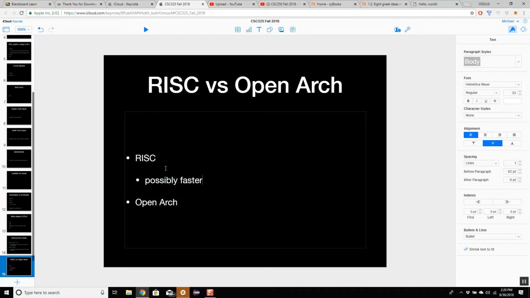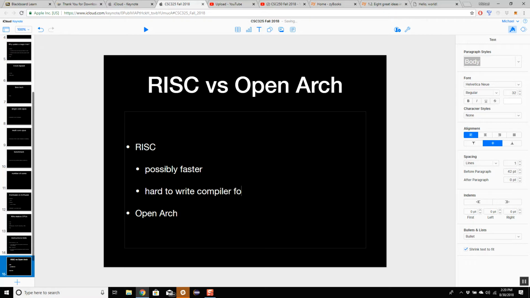But maybe was its own worst enemy, something like that. So RISC, we would say hard to write a compiler for, something like that.